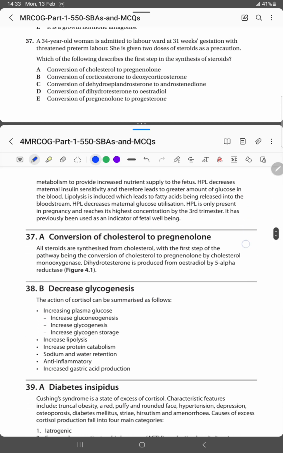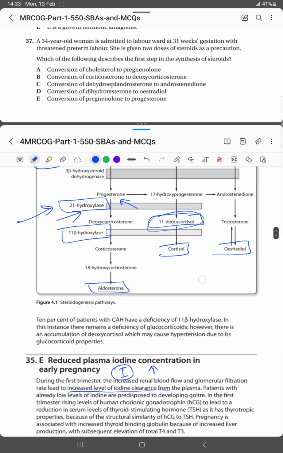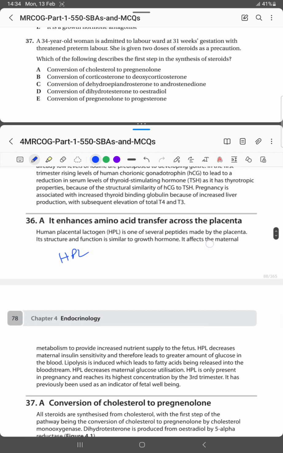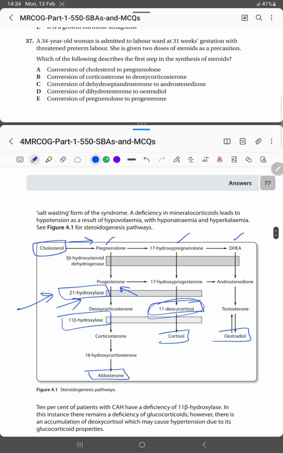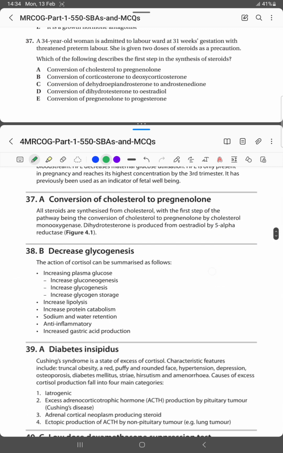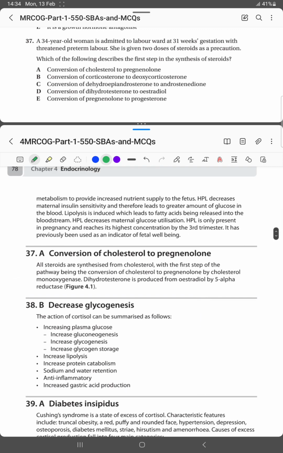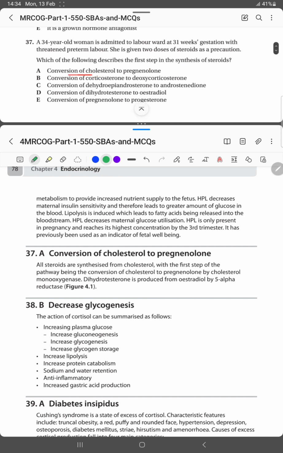We have discussed previously in this diagram that the first step of steroidogenesis is that cholesterol is converted to pregnenolone, and then under the enzyme 3-beta hydroxysteroid dehydrogenase it is converted to progesterone. So option E will be correct, the conversion of cholesterol to pregnenolone. Conversion of the corticosteroid is not the first step. The first step is the conversion of cholesterol to pregnenolone.